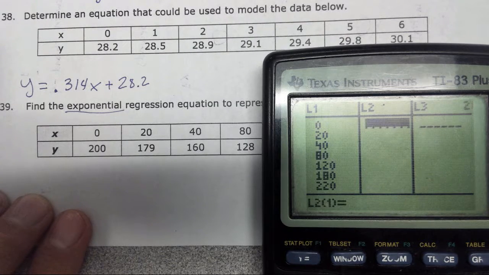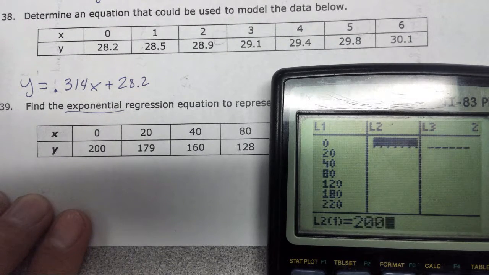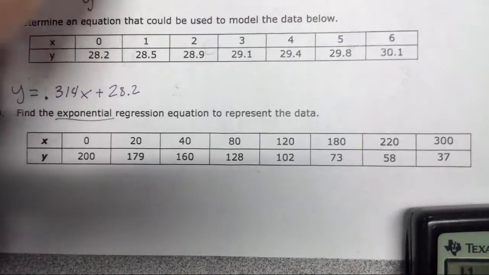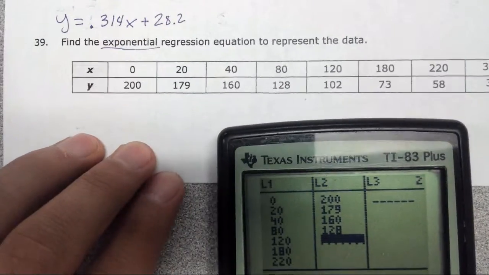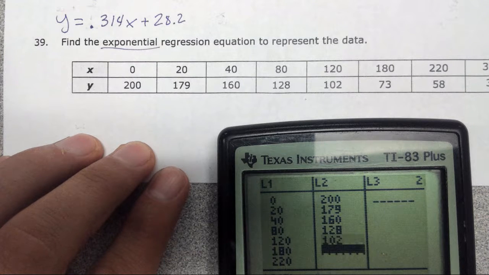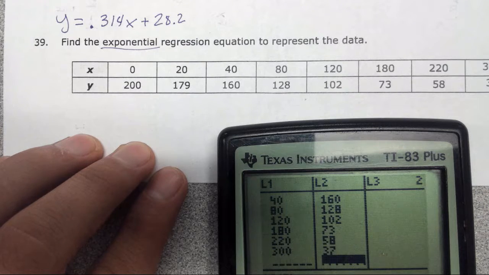And on the right, it'll be 200, 179, 160, 128, 102, 73, 58, and 37.